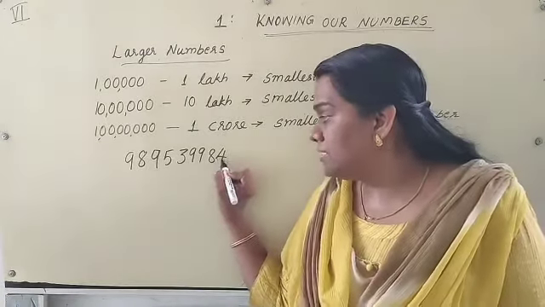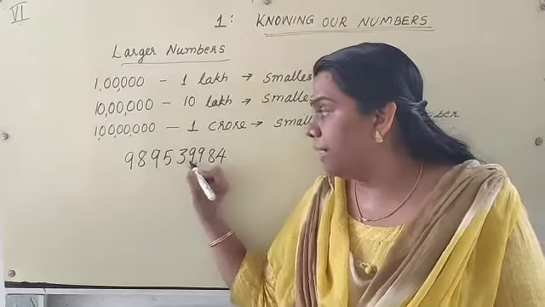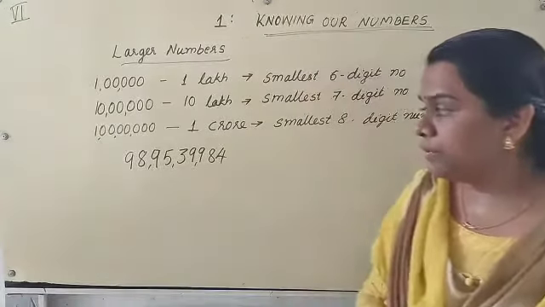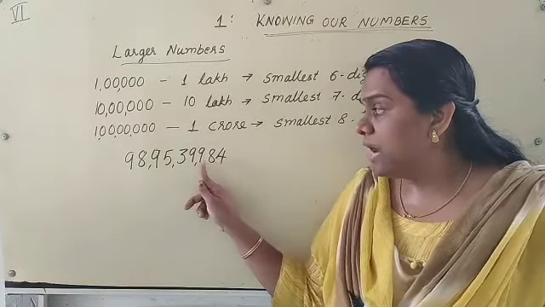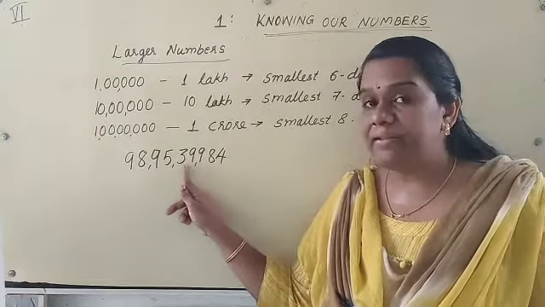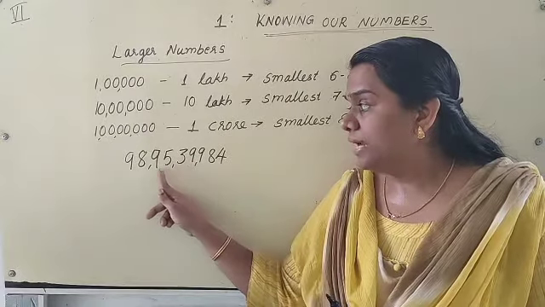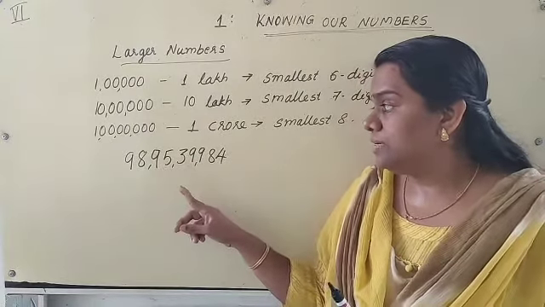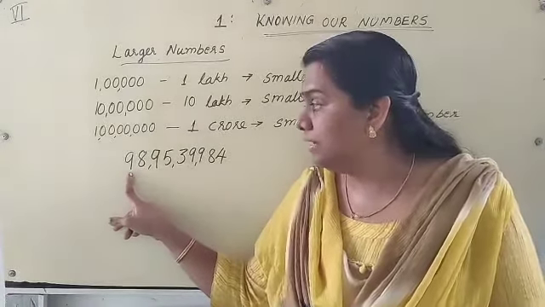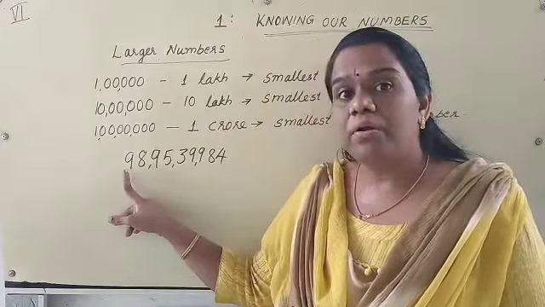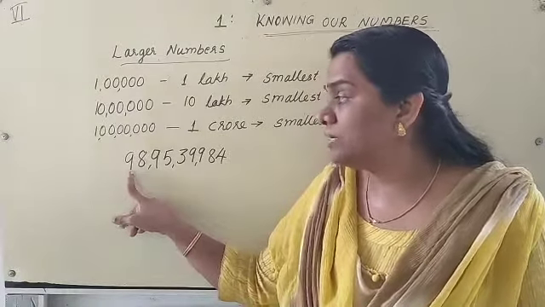So ones, tens, hundreds, then put a comma, then 2 digits each. Let us check the places: ones, tens, hundreds, thousands, ten thousands, lakh, ten lakh, then crore, then ten crore.